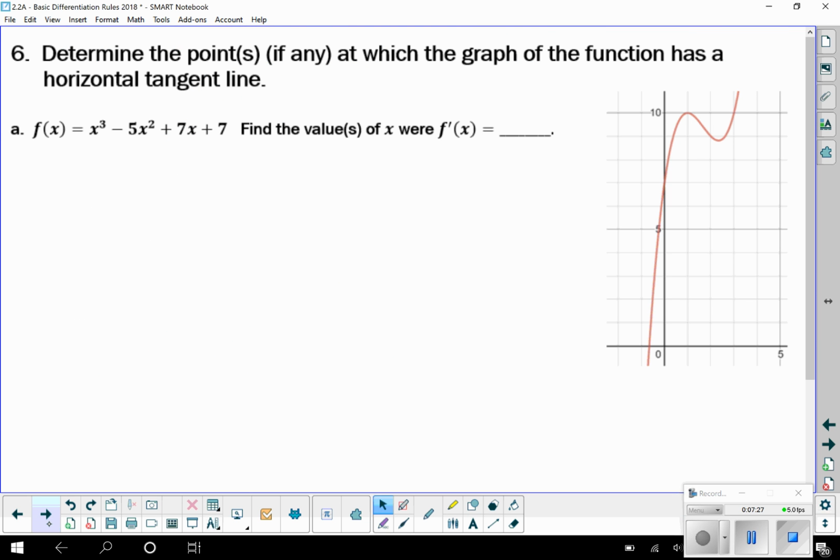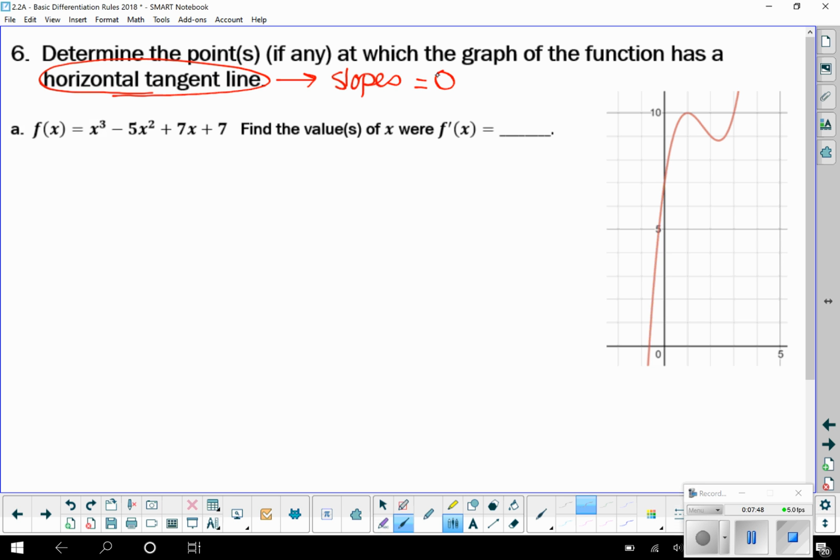And finally, number 6, determine the points, if any, at which the graph of the function has a horizontal tangent line. Well, first, just thinking out loud, horizontal tangent lines have slopes that are equal to 0, correct?